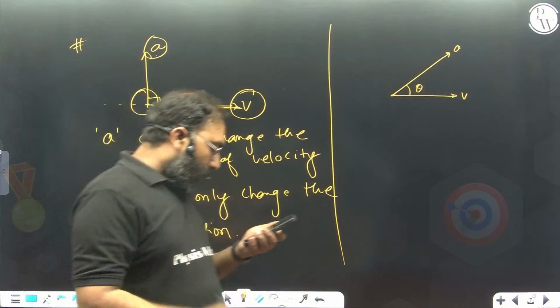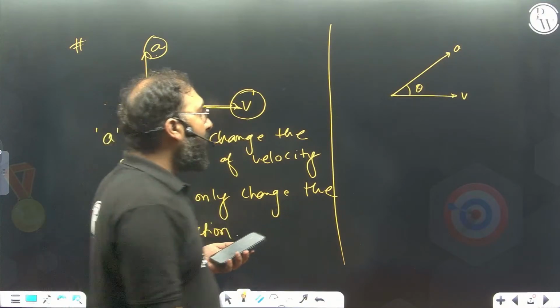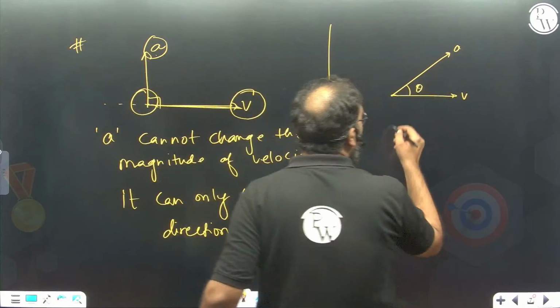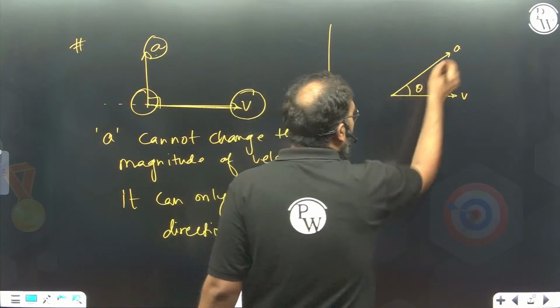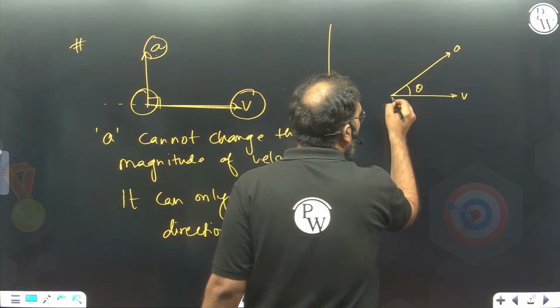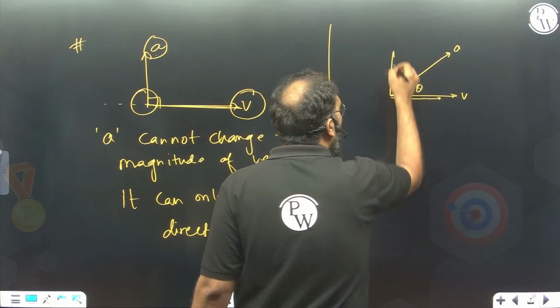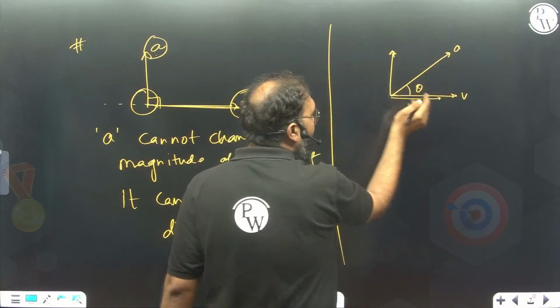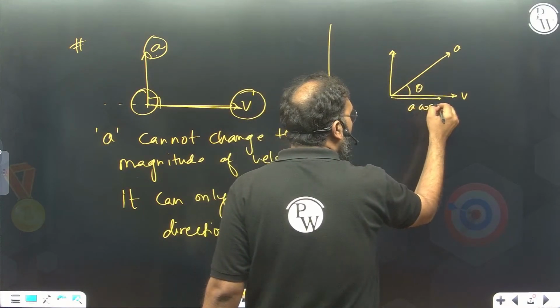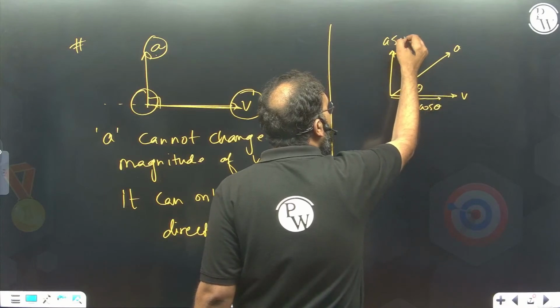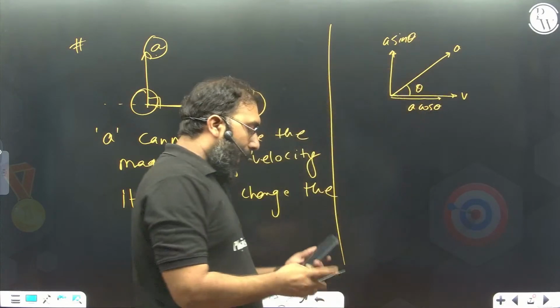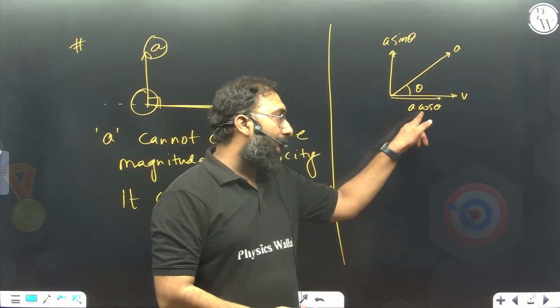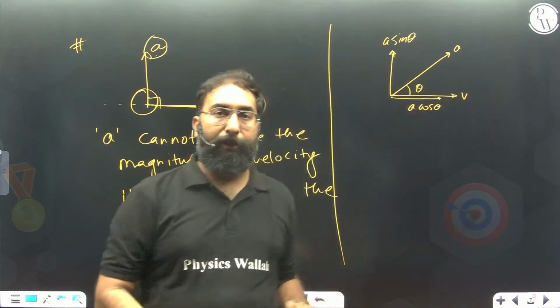So when velocity and acceleration are acting at an angle of theta, I can take a component of acceleration, one component along the velocity and one component perpendicular to the velocity. The component in the direction of velocity will be a cos theta and the perpendicular component will be a sin theta.